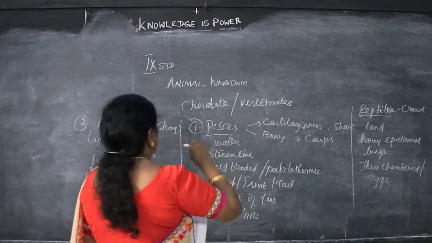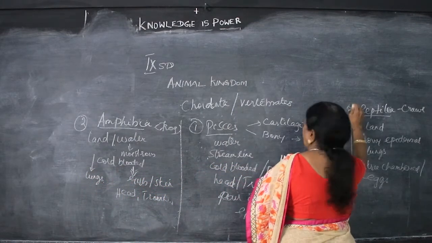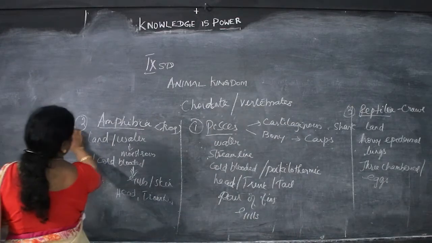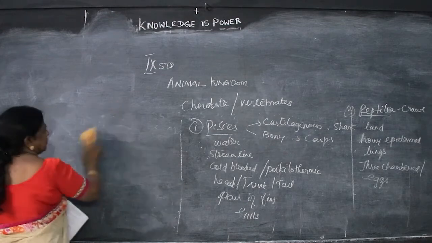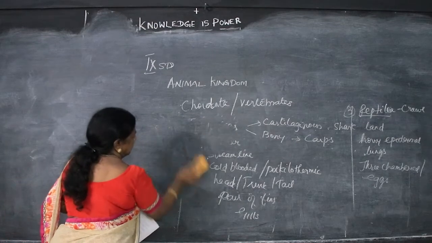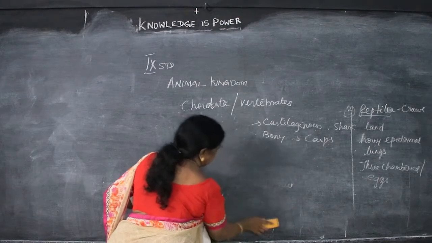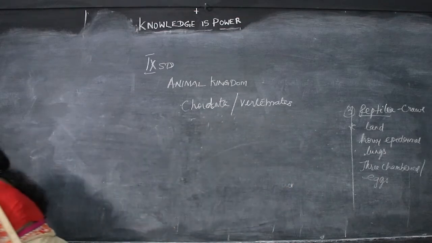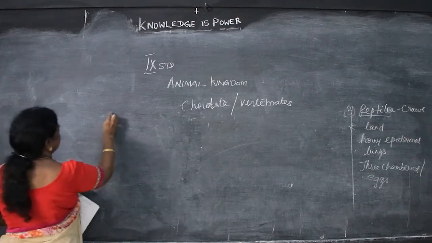So Pisces, amphibia, next one is reptiles, and the fourth one is aves.